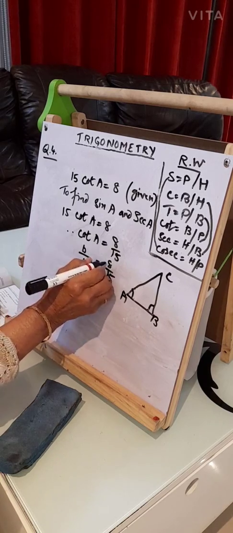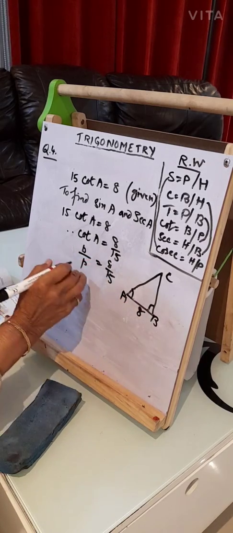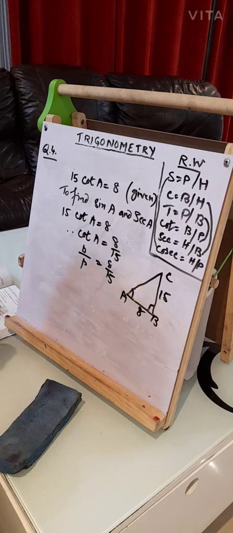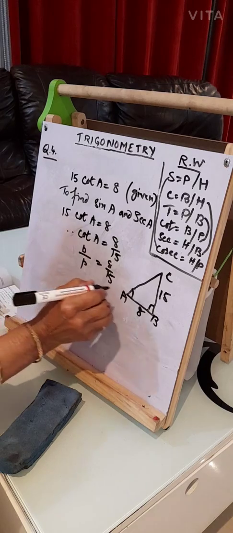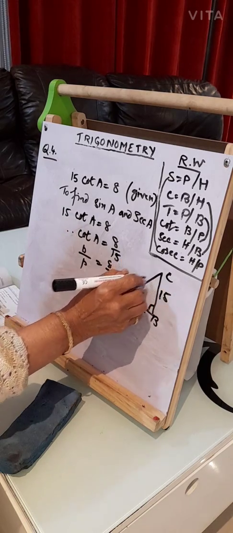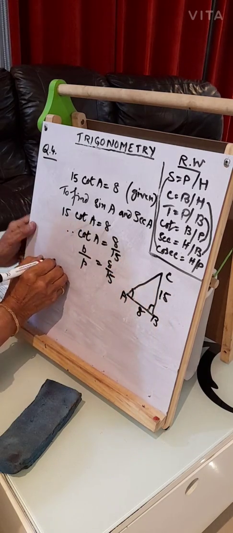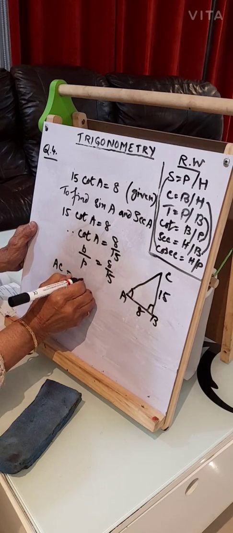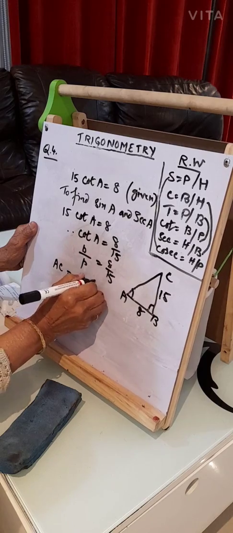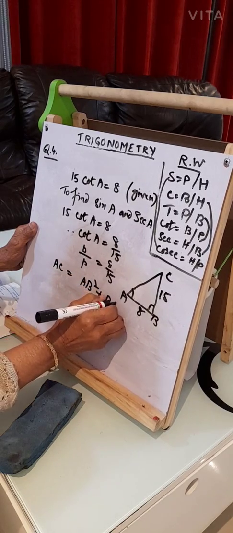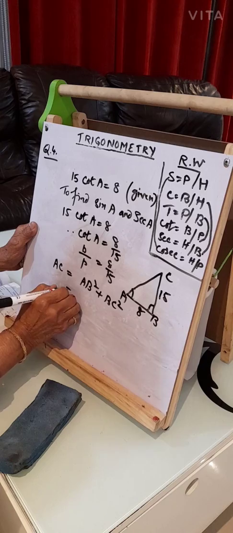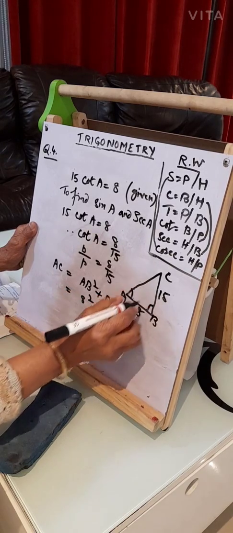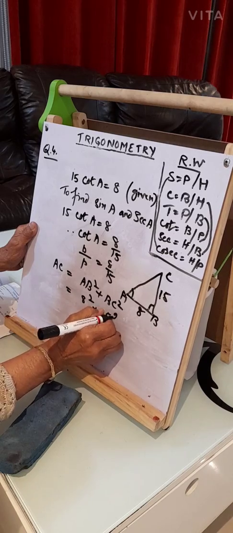Base will be 8 and perpendicular will be 15. So we can find the length of the third side, hypotenuse AC, by Pythagoras theorem. AC is equal to the square root of AB square plus BC square. So how much is AB? 8 square plus BC is 15, so it will be 15 square.